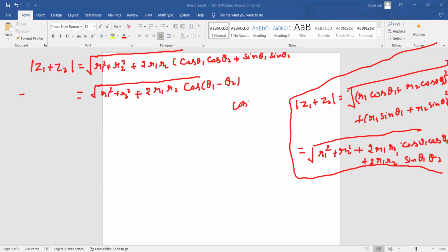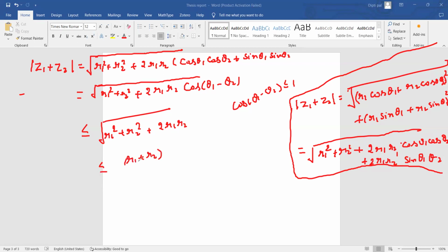We know that cos theta 1 minus theta 2 is less than or equal to 1. So it becomes less than or equal to square root of R1 square plus R2 square plus 2 R1 R2. So it implies it is R1 plus R2 whole square, and this is the square root of this.